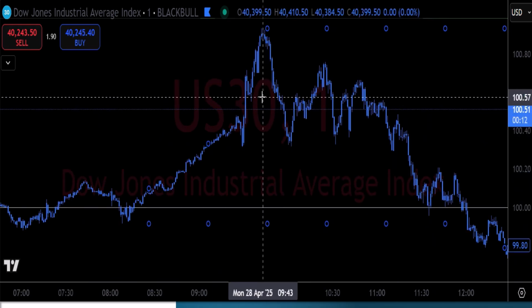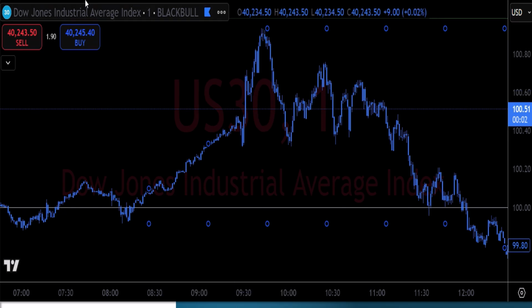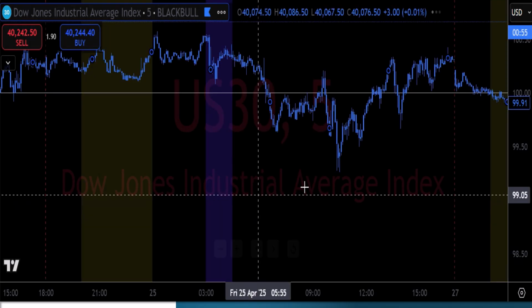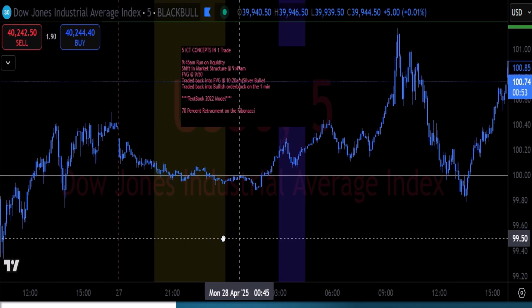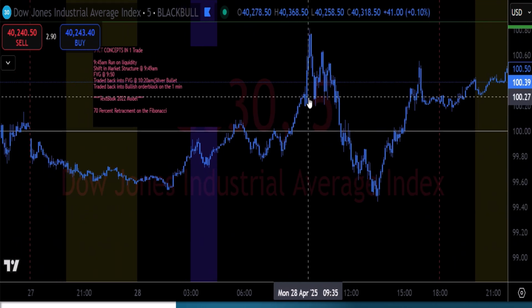On the 1 minute, that run on liquidity is actually at 9:42 to be exact. The run on liquidity is one of the core concepts of ICT concepts. So we have that run on liquidity inside of that 9:40 candle on the 5 minute.